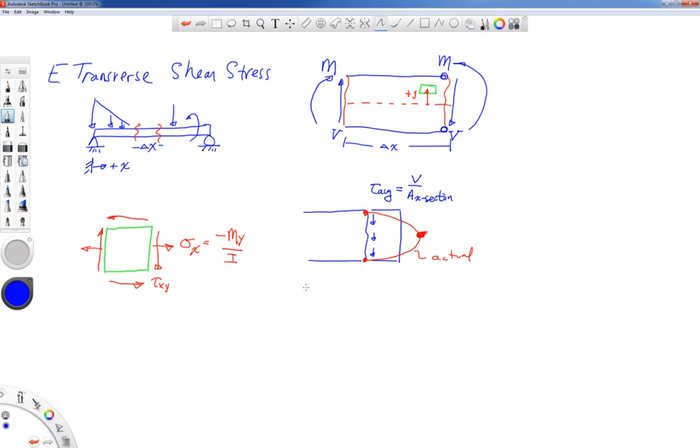All right, since V is equal to the integral over the cross-sectional area of tau dA, in terms of the average shearing stress, it's tau average times the area of the cross-section. But in terms of the actual shearing stress, let me put this in the red color.